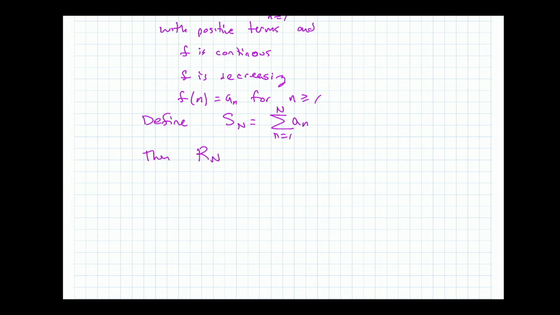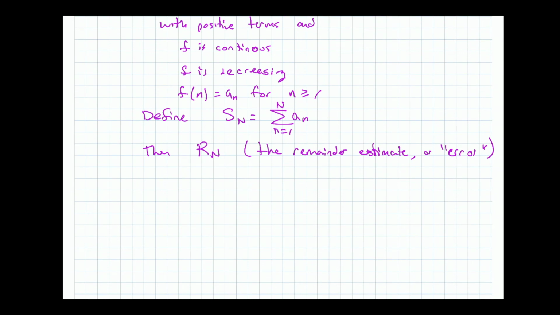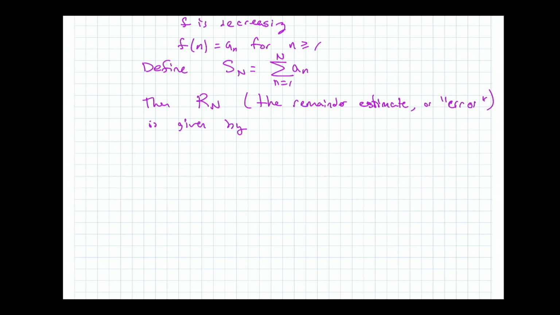Then finally, Rn, called the remainder estimate, or error. So the remainder estimate, or error, is given by Rn between the integral from n to infinity of f of x dx and the integral from n plus 1 to infinity of f of x dx.